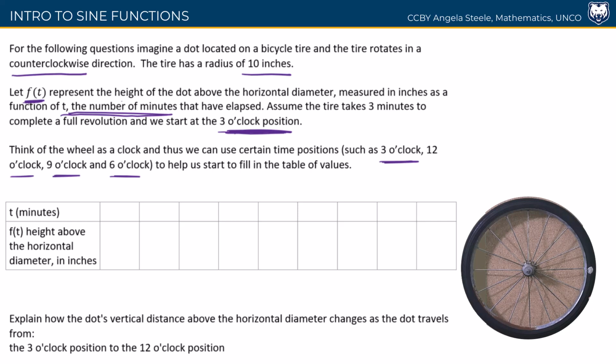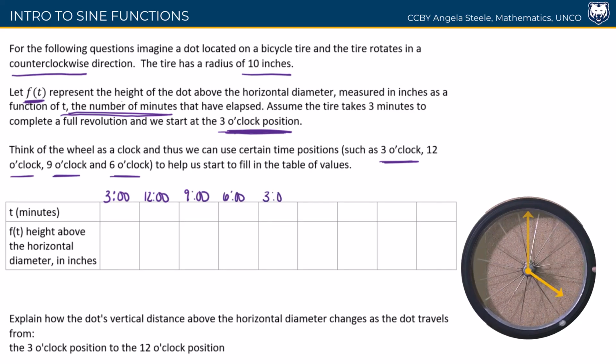I'm going to write down those time frames up on top. We're going to start at the 3 o'clock position, then go to the 12 o'clock position, the 9 o'clock, the 6 o'clock, and then back to that 3 o'clock position and keep rotating that tire.